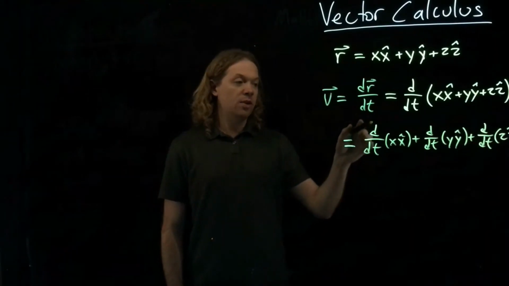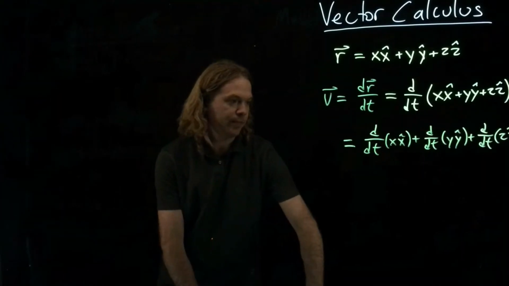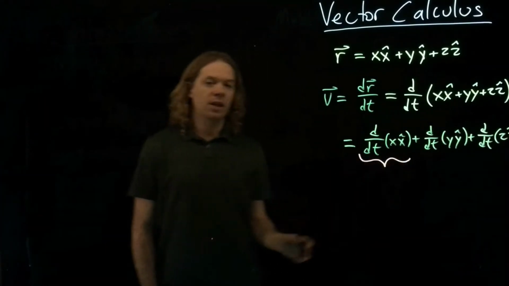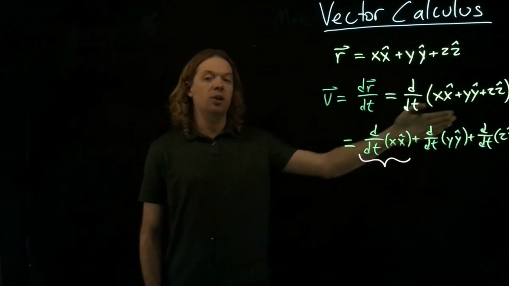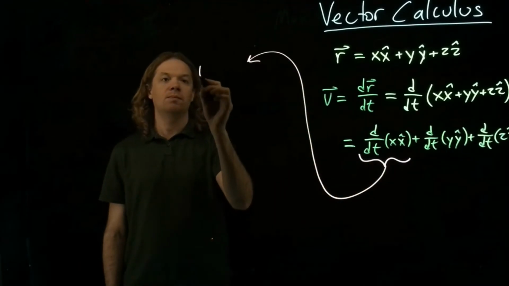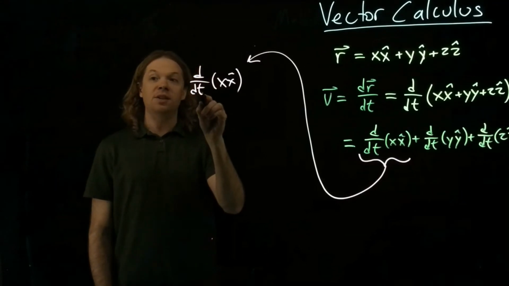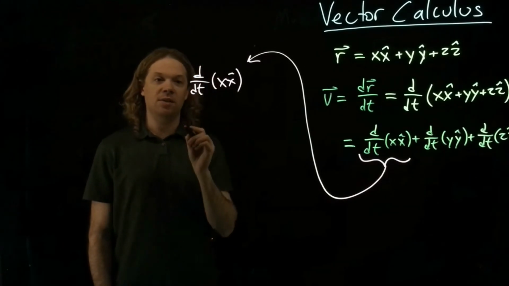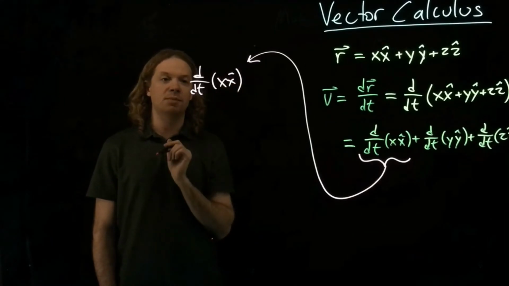And now I can take the derivative of each one of those terms. Let's first focus on this first term, because as you can probably guess, each term is going to be very similar. So for my derivative, I'm going to need to do a product rule, right? Because there's two pieces here. So I'm going to need to hit that guy and then hit that guy. But actually, we can make this much simpler.